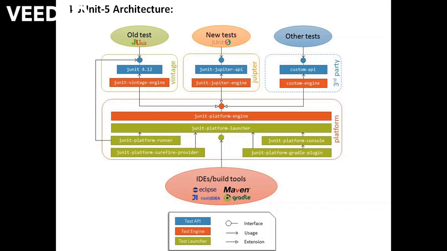This is the third-party library, custom APIs and custom engine, which will run your custom test cases onto the JUnit Platform. And these are the platform components we can say. So it is a JUnit Platform component. It has a JUnit engine, platform launcher, console, plugin. A lot of APIs, a lot of extensions are there. So this is the basic JUnit 5 architecture.